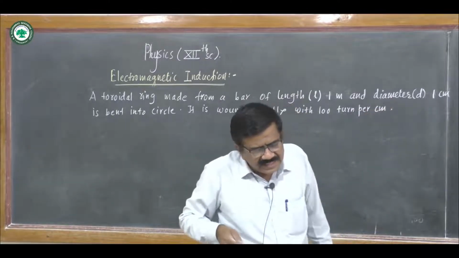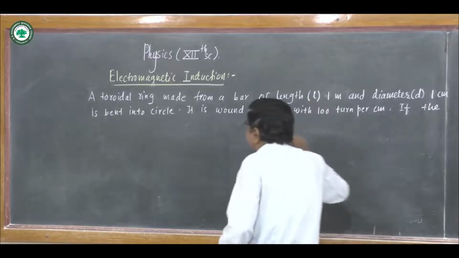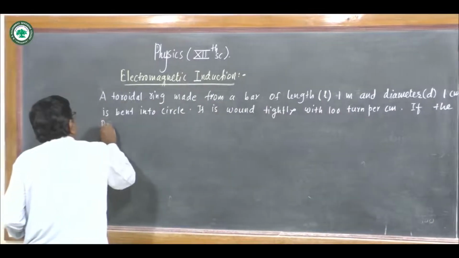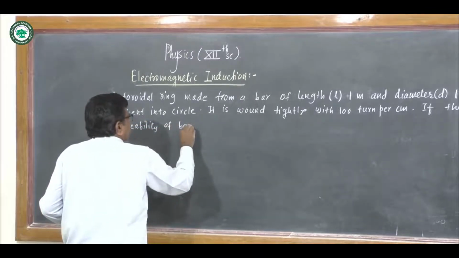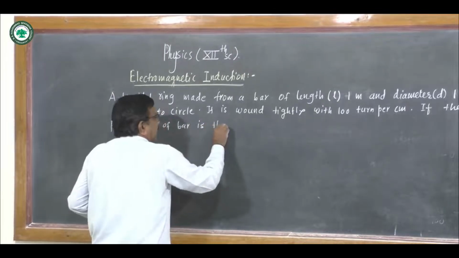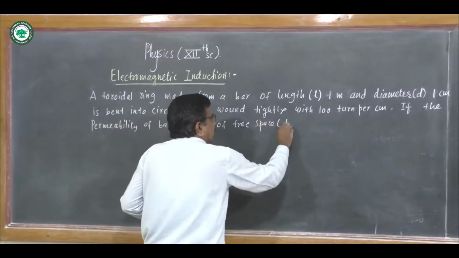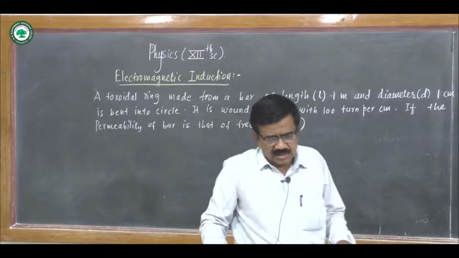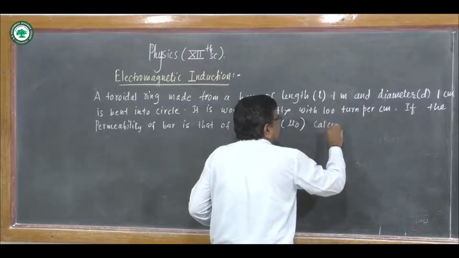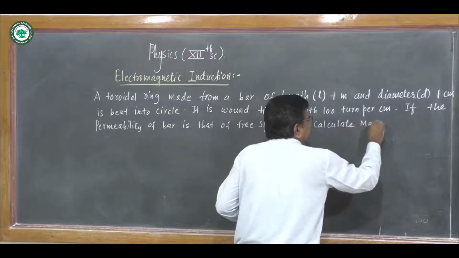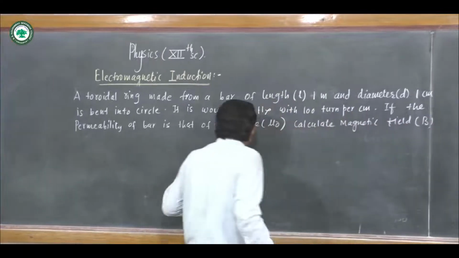If the permeability of the bar is equal to that of free space, that is mu 0, calculate the magnetic field, that is B, inside the bar.